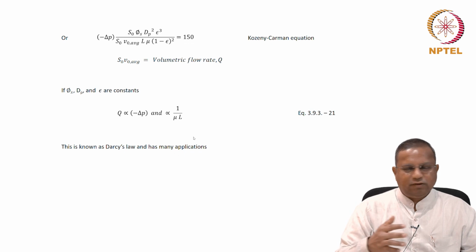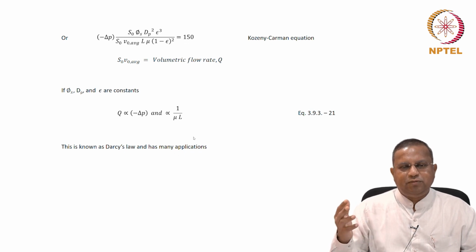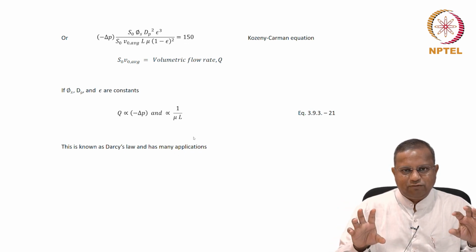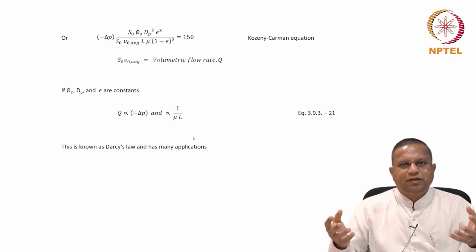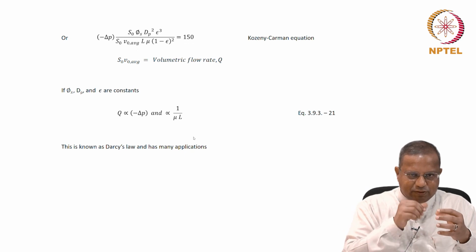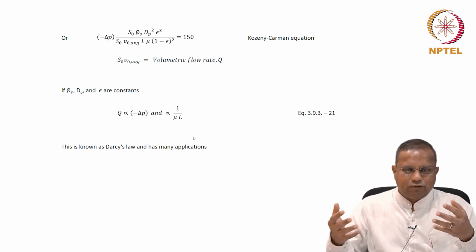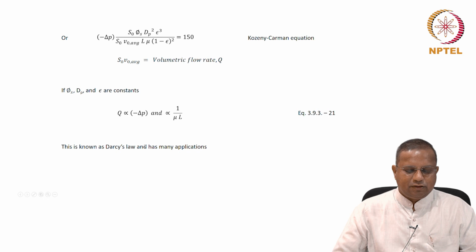Fruits, the application is only limited by imagination. As long as you have something that can be viewed as a packed bed, even fruits, then the motion of the fluid through the fruit and so on, you can apply Darcy's law there. Flow rate is directly proportional to the pressure drop, inversely proportional to mu times L.